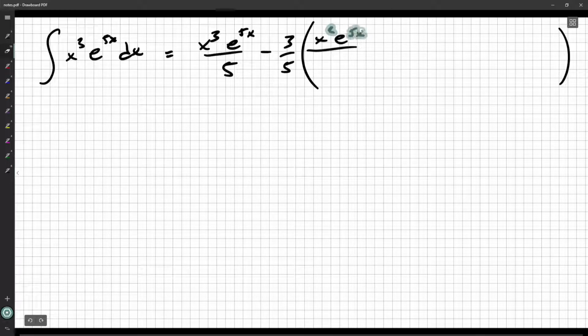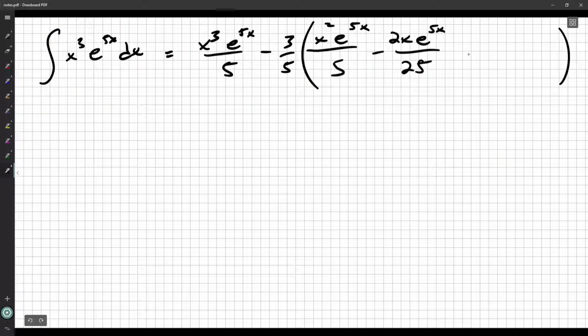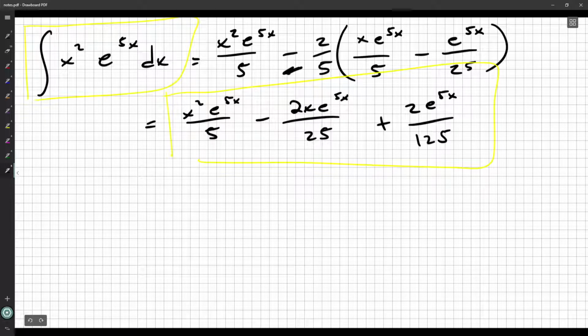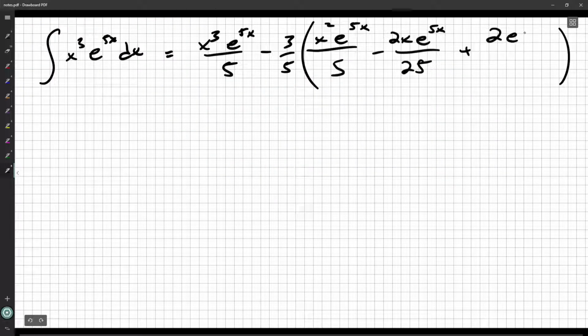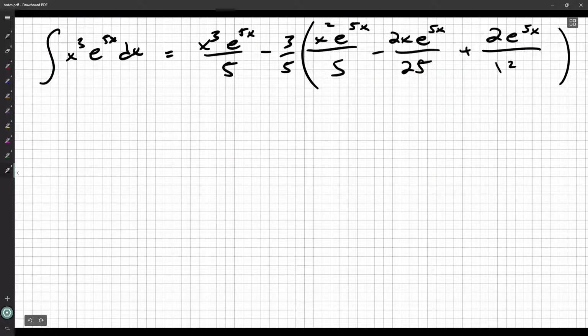Now let's make these exponents a little nicer and a little more obvious. X squared e to the 5x over 5 minus 2x e to the 5x over 25 plus 2 e to the 5x over 125.